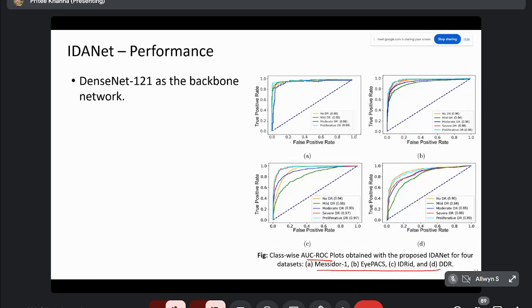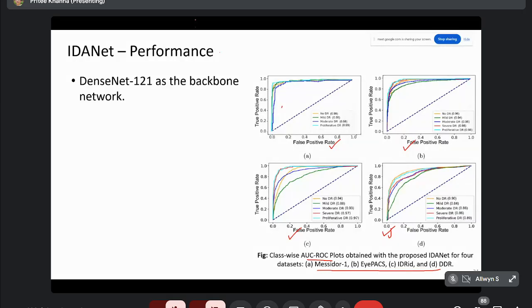If you look at these graphs, the first one is for Messidor, this one is for IDRiD, this is for DDR. Now I think you can see where we are getting the best performance and where we are getting the worst performance.